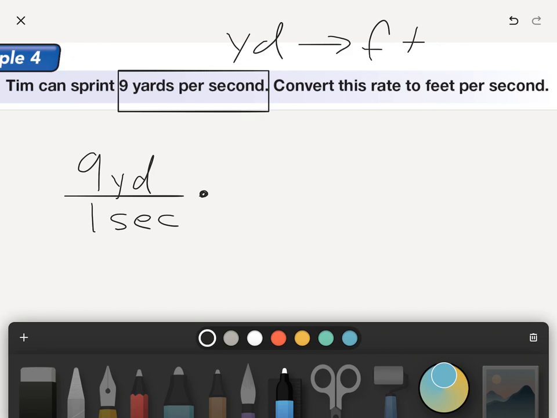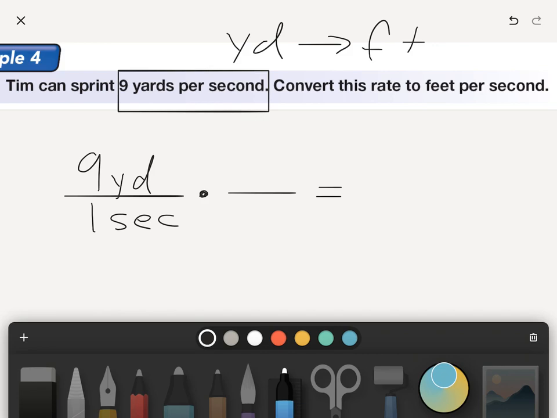So that means I'm trying to get rid of what? So I'm going to multiply this by a unit multiplier. It's going to be back to our 1 yard is made of 3 feet, but I'm trying to convert from yards to feet. So what goes on the top and what goes on the bottom? Which one should I put on the top?